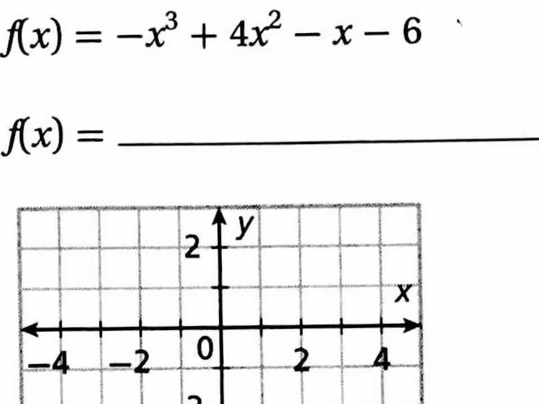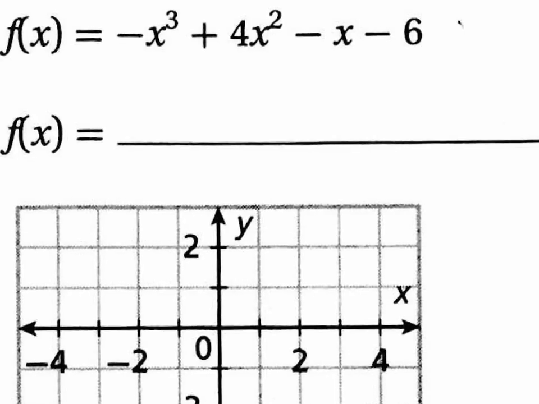So what I want to do right now is use the rational root theorem, and I'm going to get the factors of the constant. The factors of the constant are 1 times 6, 2 times 3, and of course 6 times 1. And we need a plus or minus in front of each one of those.